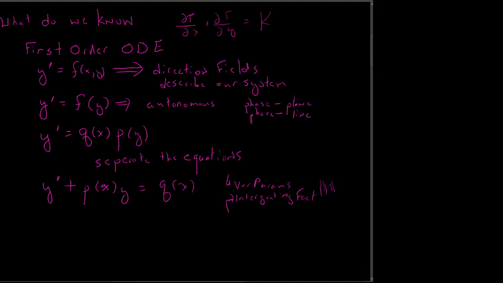So we were in ordinary differentials, and we haven't gotten to the m x double dot plus b x dot plus x equals some driving function. We haven't gotten to the doubles, right? The doubles, the second order. It's all first order ODEs, but there are patterns in them, and we look for the patterns to help us solve things.